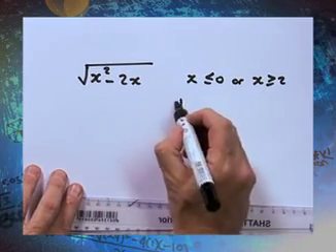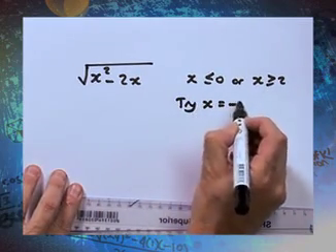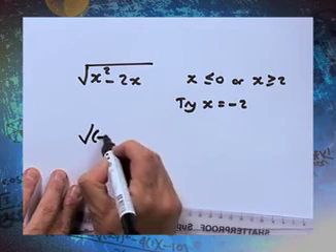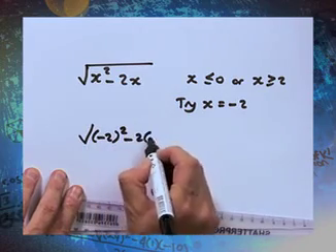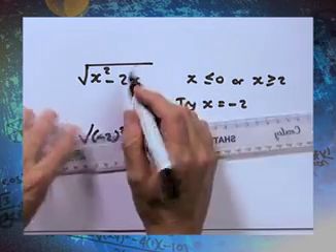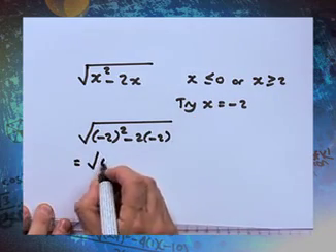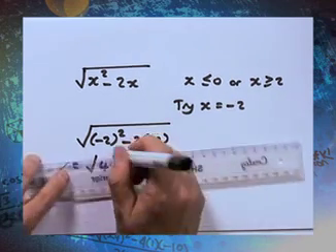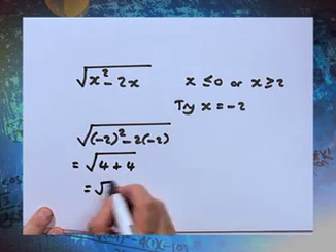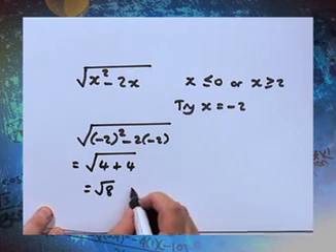Substitute in: negative 2 squared minus 2 times negative 2. That comes to the square root of 4 plus 4, which is the square root of 8, and that's extremely real. It's positive.